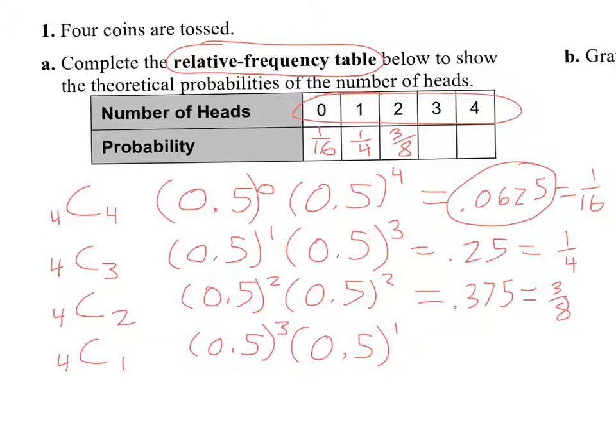Basically, it's a question of where does the 1 tails occur, and the 1 tails can occur in 4 different spots. So 4C1 equals 4. Okay, so if you multiply that out, you get 0.25, equals 1 over 4.